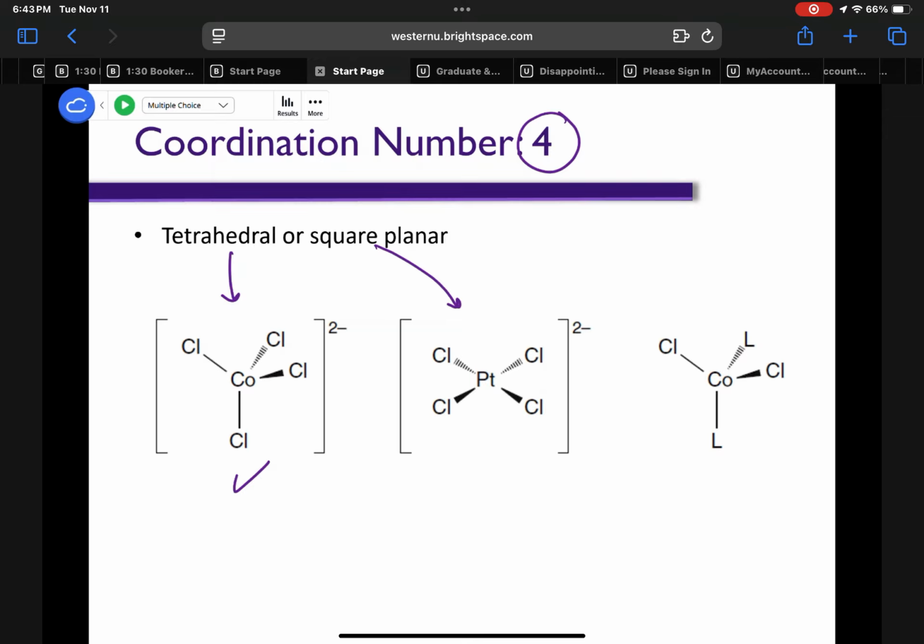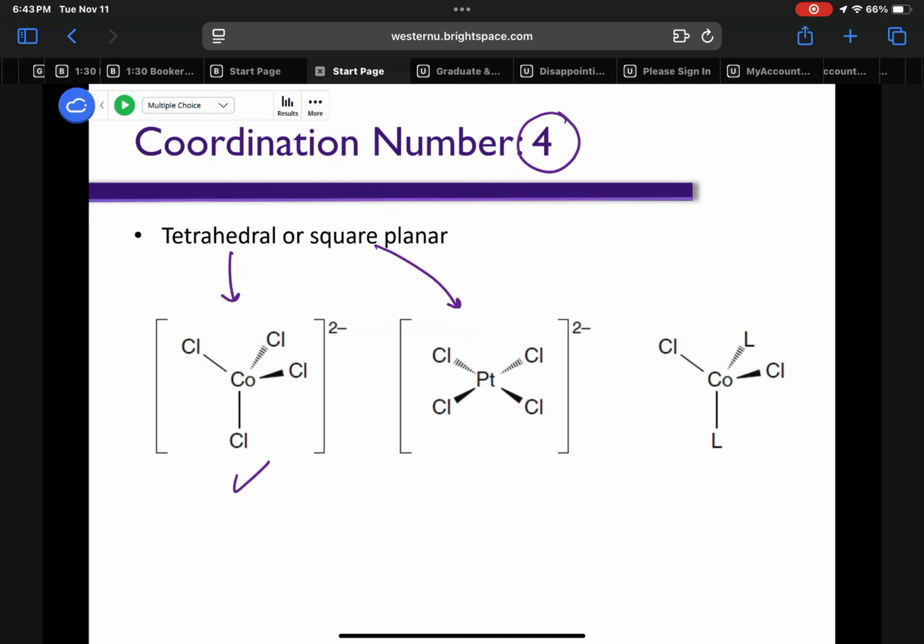However, if we have a square planar arrangement, I'd like you to imagine that these two up and down prongs on our octahedral complex are not there. We're only paying attention to the square planar. If the two like ligands are beside one another, that's very different than the two like ligands being across from one another.